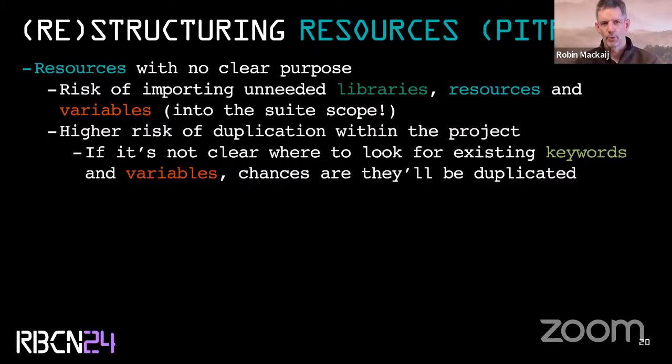While it might already exist in your project in some resource. When looking, you really need to know where, and having a clear scope, a clear purpose for your resources really helps there.